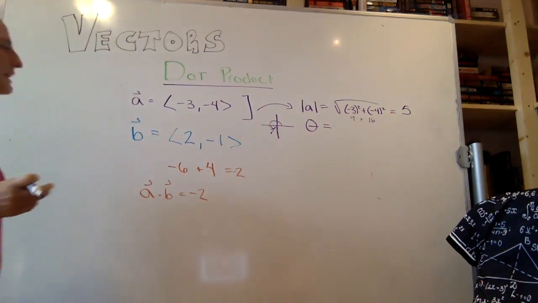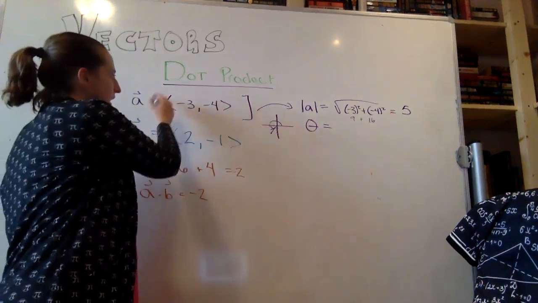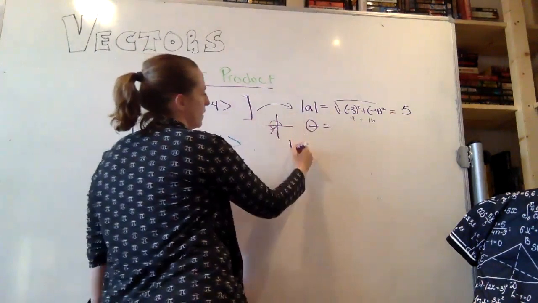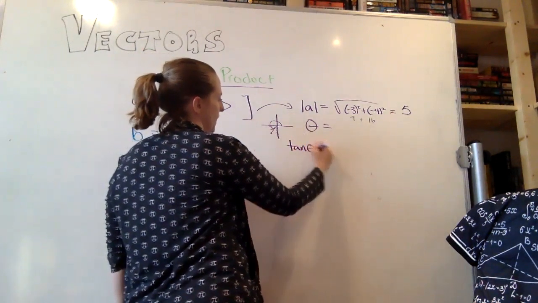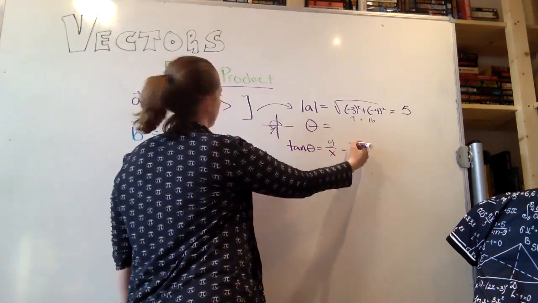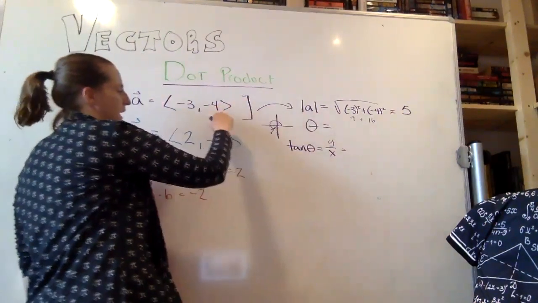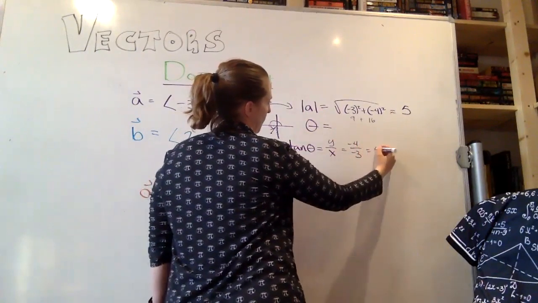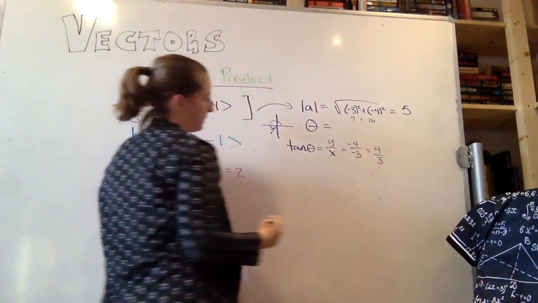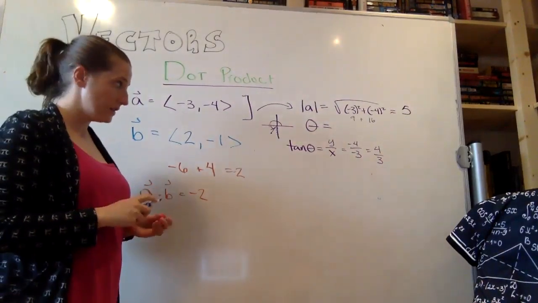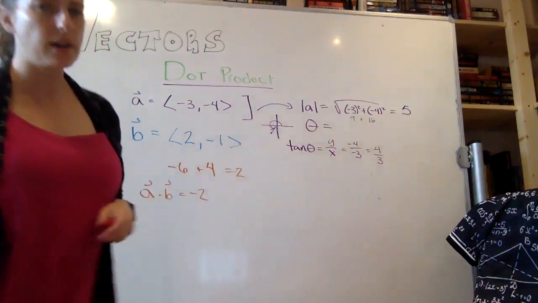Now the other thing to think about, right, is I can think of my direction angle as a tangent operation. In other words, tangent of theta is equal to y over x. So tangent of theta is going to be equal to -4 over -3, in this case, 4/3. Okay. So if I take inverse tangent of 4/3, that's going to give me a starting place.